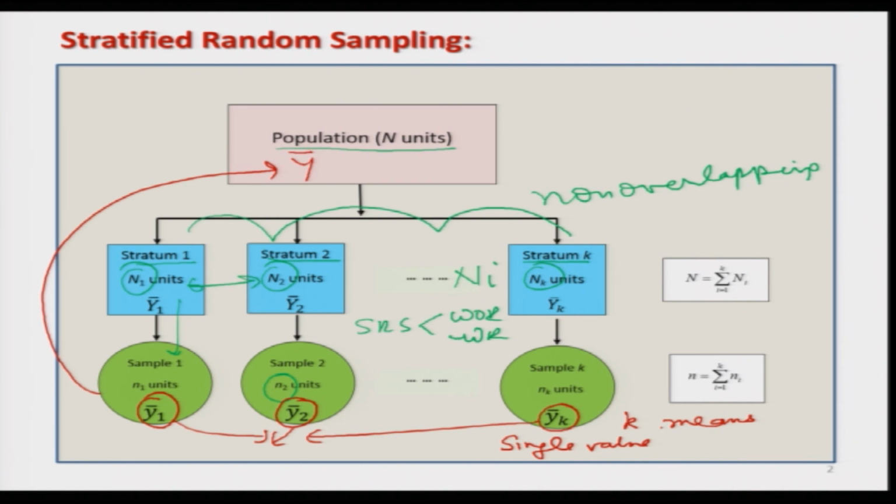So, one option to combine the different sample means is to consider the weighted arithmetic mean.